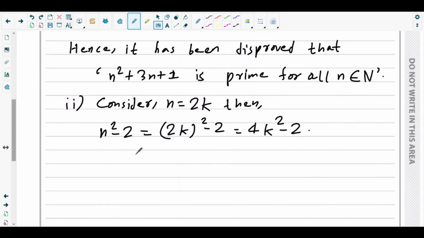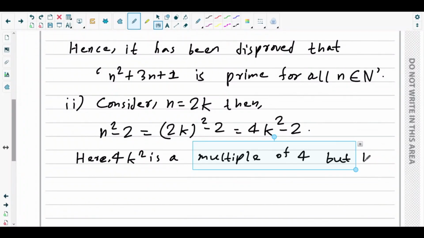No, because 4k squared is a multiple of 4, but 4k squared minus 2 is not.